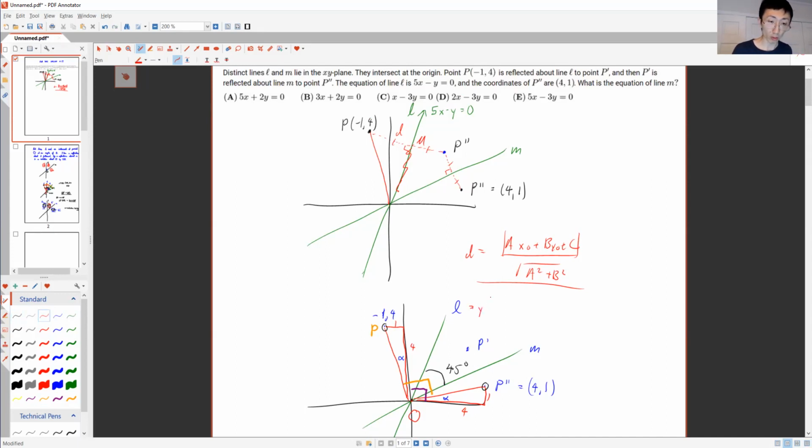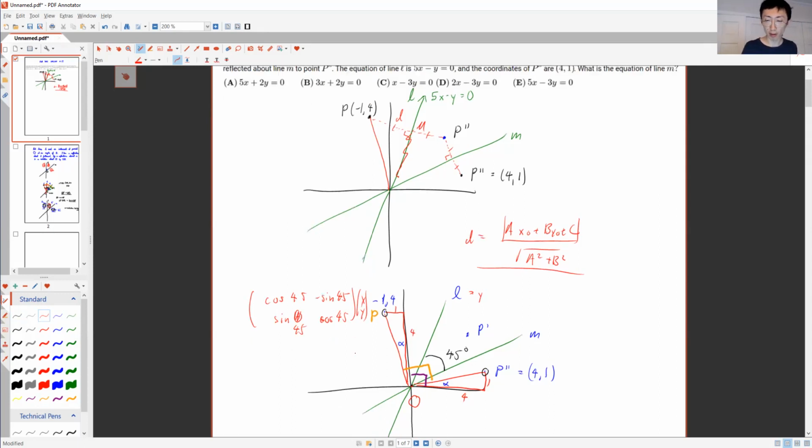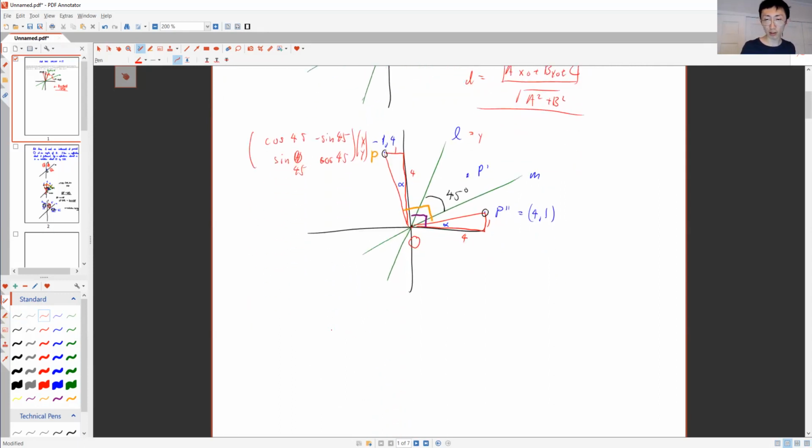Normally you would use a rotation matrix, cosine 45, negative sine 45, and so on, in general by theta, but this should be 45. You can apply that to all points in the plane and it'll rotate about the origin by 45 degrees. But since it's 45 degrees, you might wonder, is there a better way to rotate it? And the answer is, yeah, there is.